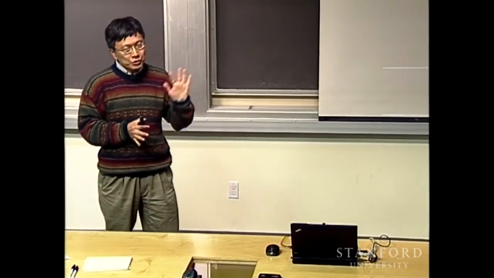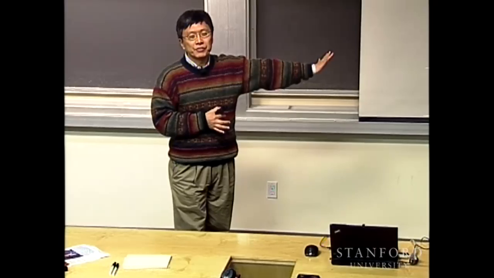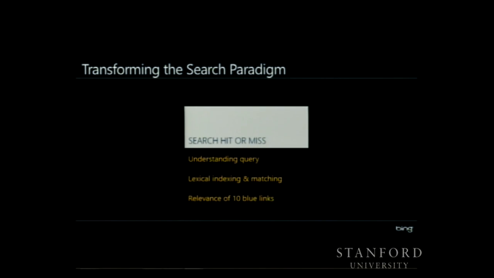So I really want to just slowly take you through this. There's a very important recognition, from my point of view and from an engineering point of view, of how we actually think about the user experience. More or less, 4 or 5 years ago, it was what I call the search hit-or-miss model.